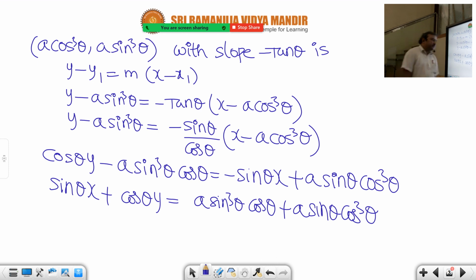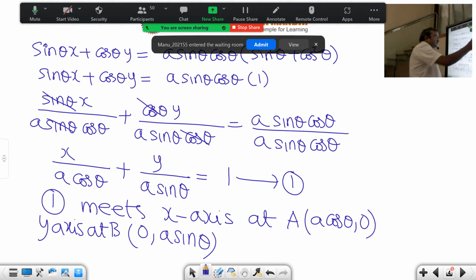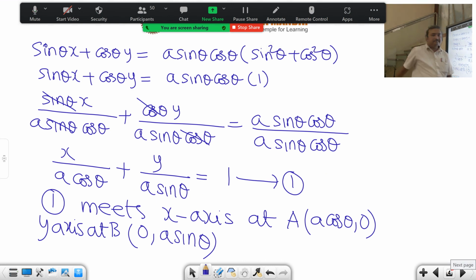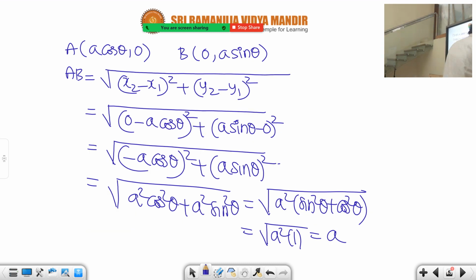Correct? And moving to last one. Again, take the screenshot for this. Done, sir. Done, good. And finally, this one. So that it will save our valuable time.